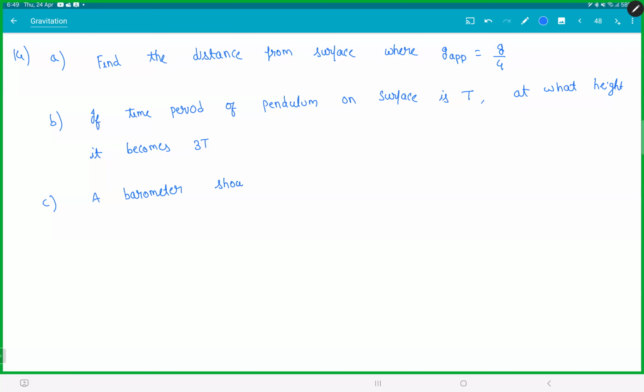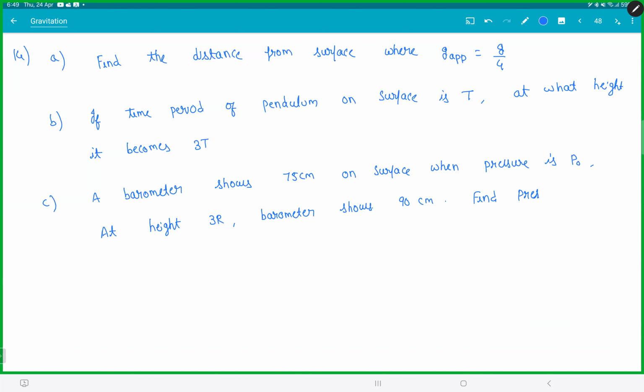A barometer shows 75 centimeters on the surface of the earth when pressure is P naught. At height 3r, the barometer shows 90 centimeters. Find the pressure at that point.